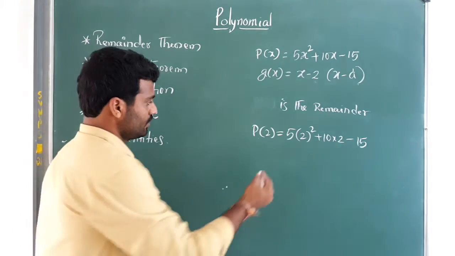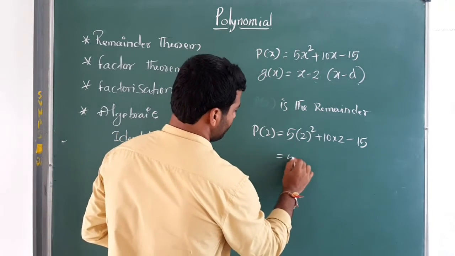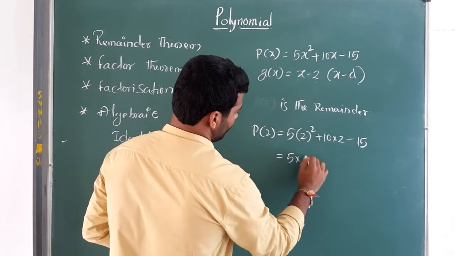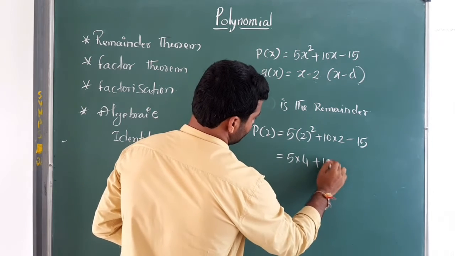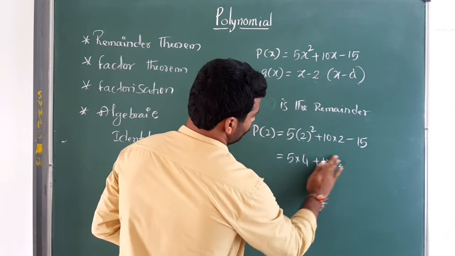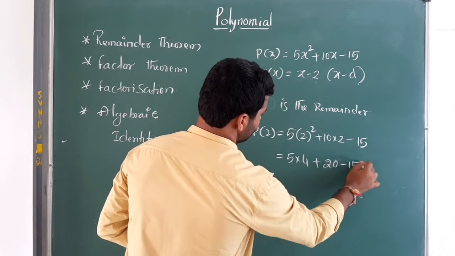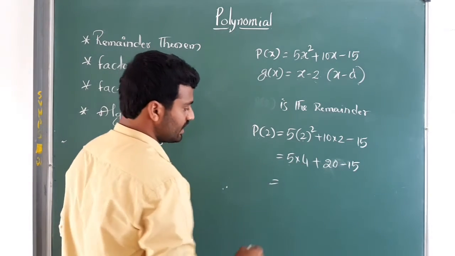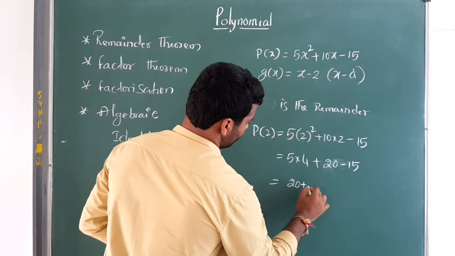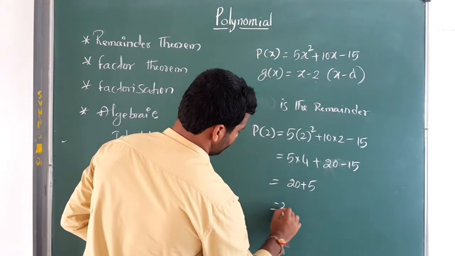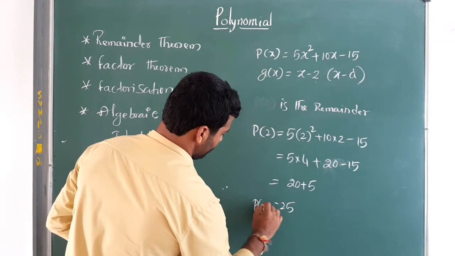Simplifying: 5 into 4 is 20, plus 10 into 2 is 20, minus 15. So 20 plus 5, that is 25.